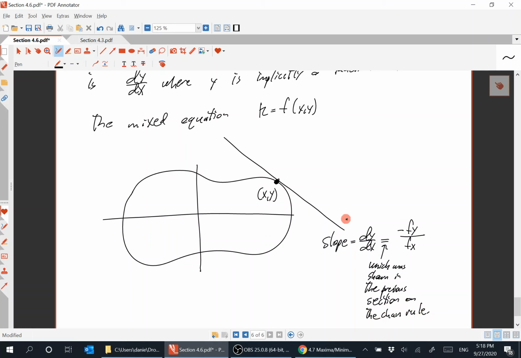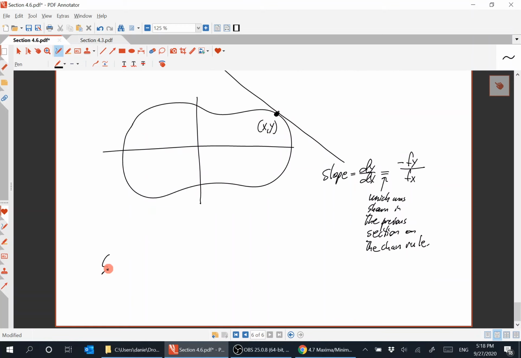So the vector in the direction of the tangent line is rise over the run.